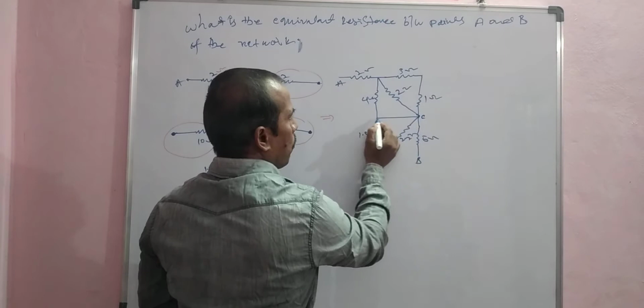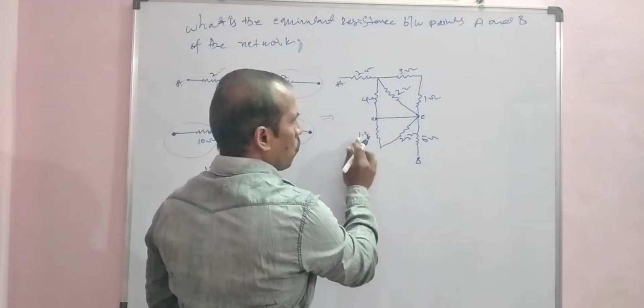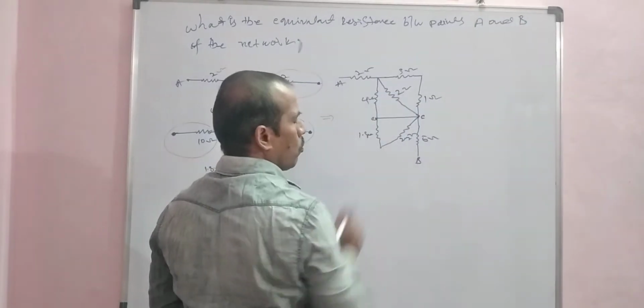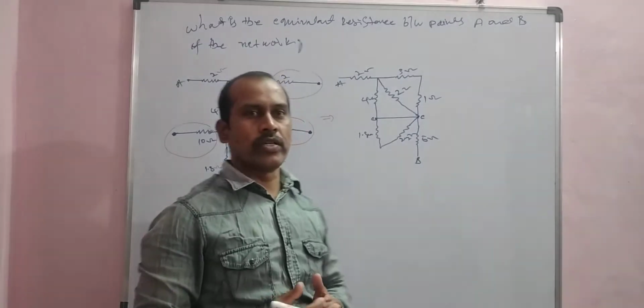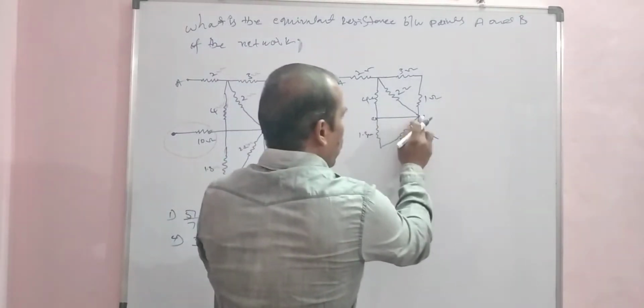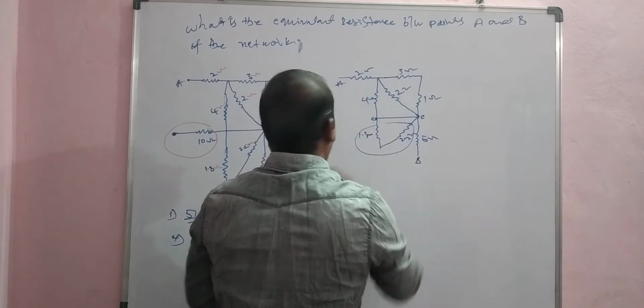This point also has the same potential C. The 1.8 ohm and 2.2 ohm are in series combination, so these points are at the same potential, so this one is short circuited.